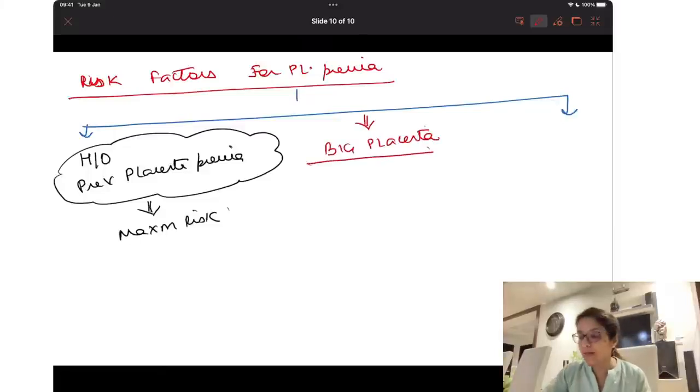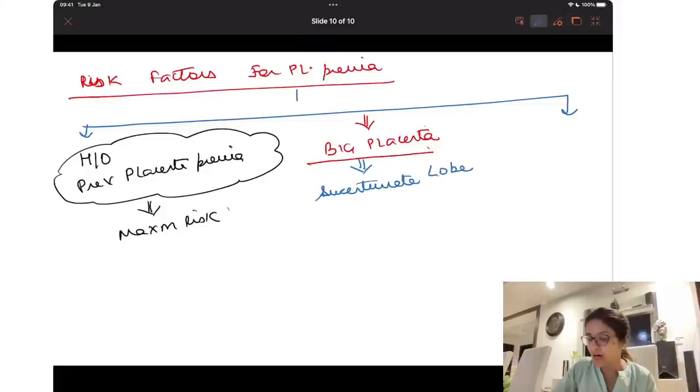Whenever there is a big placenta, a part of the placenta can also be situated in the lower uterine segment. So when do you get a big placenta? Suppose there is a succenturiate lobe, right? Or twin pregnancy. You are going to get a big placenta, right?